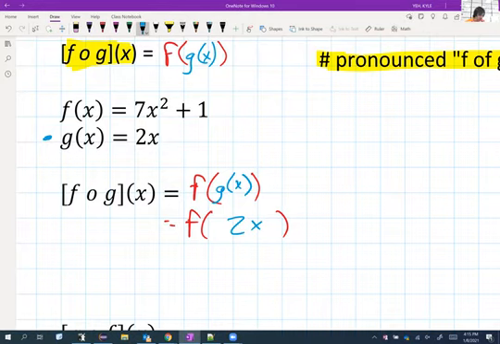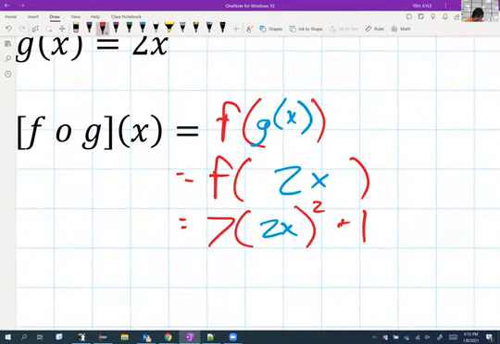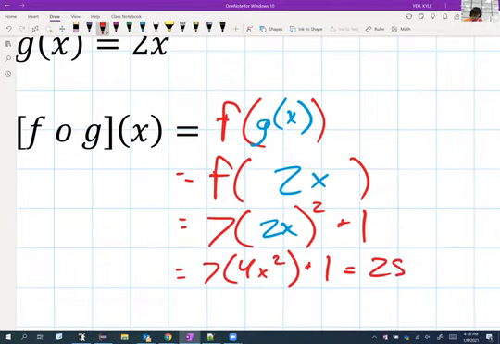That's the same as plugging in g of x. So I'm plugging 2x into my f function wherever I saw an x originally. And that means that I'm getting 7 times 4x squared, because I've applied that squared, plus 1. 28x squared plus 1.